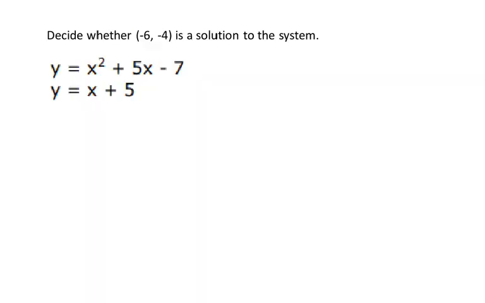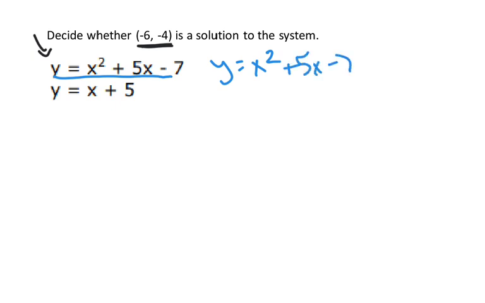Okay, next example, decide whether (-6, -4) is a solution. Now notice this time we have a quadratic, because that top equation has the x squared, and then we have a linear equation. Same thing, let's start with the top one. We have y equals x squared plus 5x minus 7. So our y is -4.